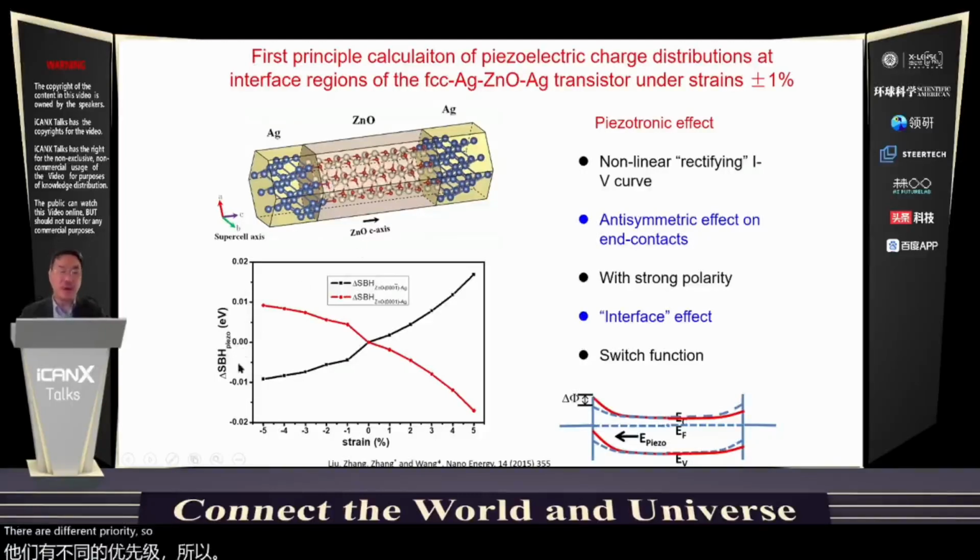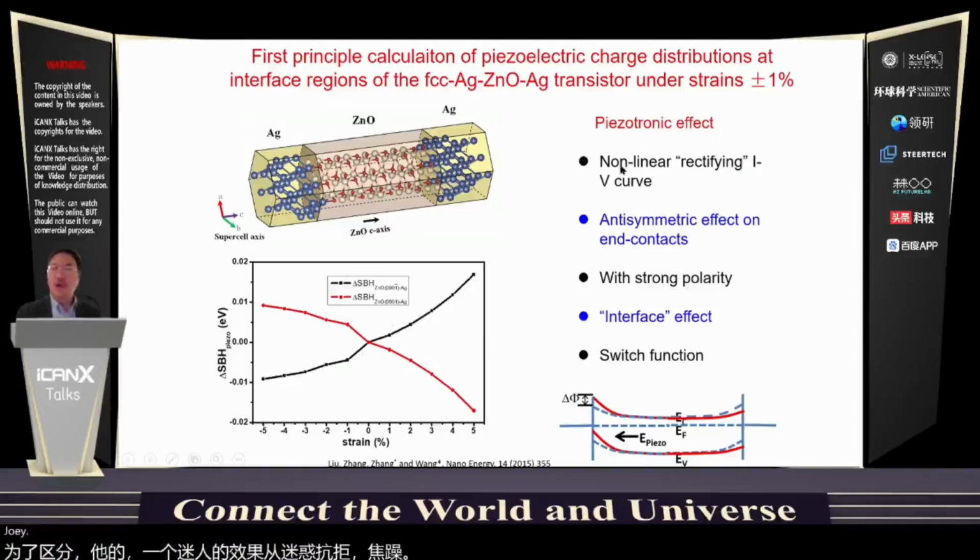Now, if you calculate the Schottky barrier height at the two ends, you find that if one end is under compressive strain, for the zinc terminated surface, with the increase of strain, its Schottky barrier changes from positive to negative. In contrast, on the oxygen terminated surface, its Schottky barrier height increases. This opposite change is the distinctive characteristic to distinguish the piezotronic effect from the piezoresistive effect.